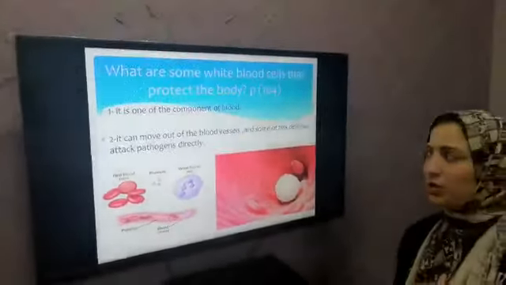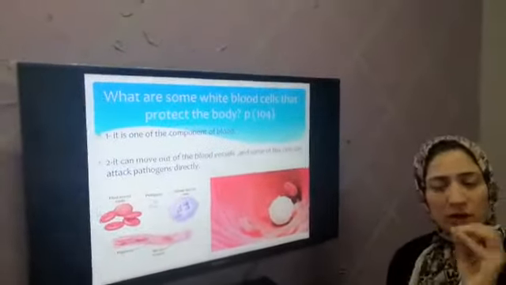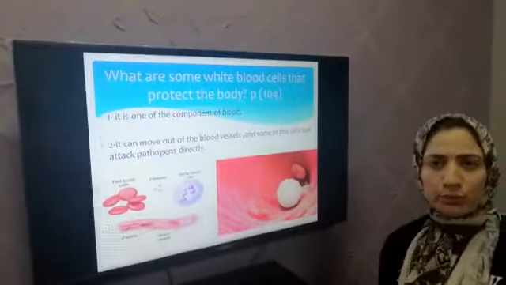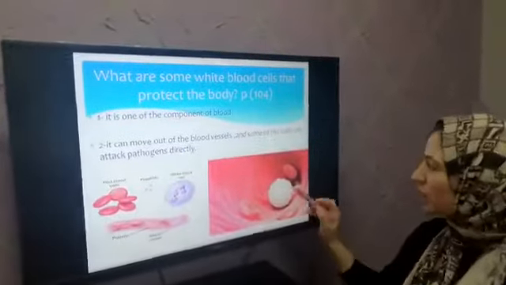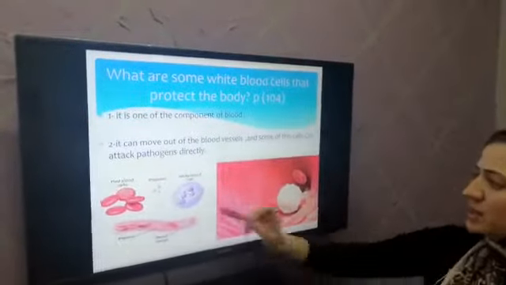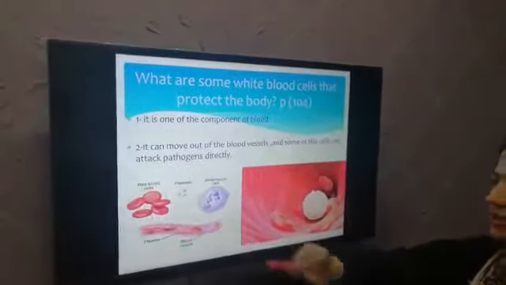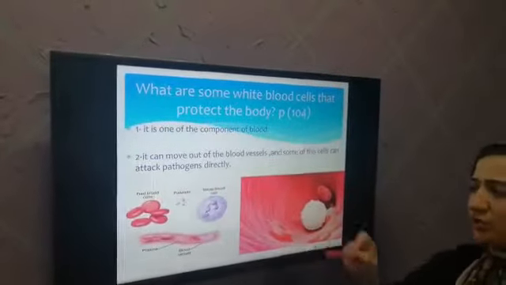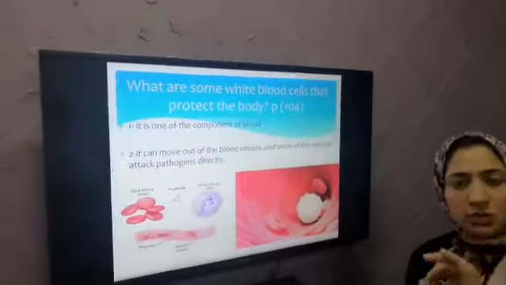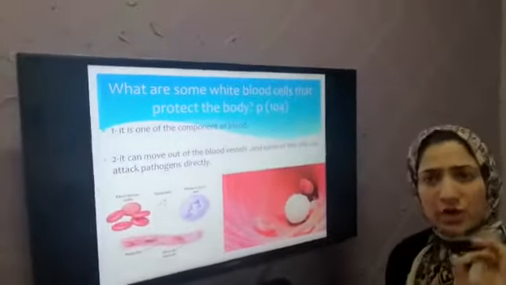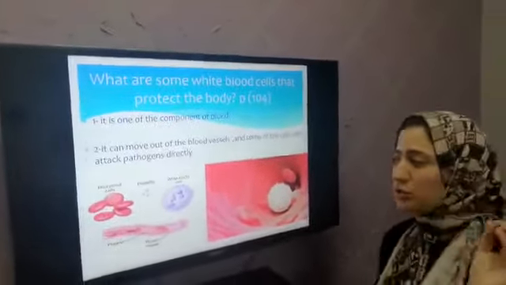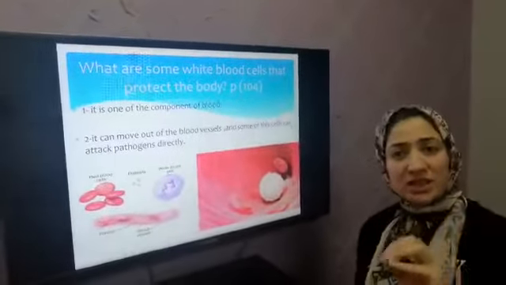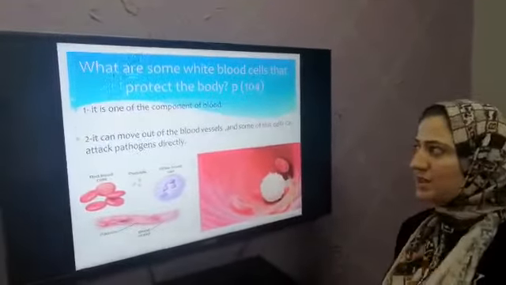Now let's know that our blood consists of 4 components: white blood cell, red blood cell, platelets and plasma. White blood cell and platelets are the main components of the immune system that are responsible for protecting our body from disease.